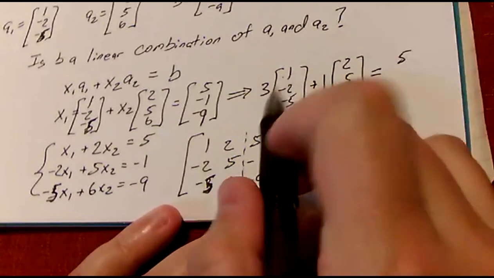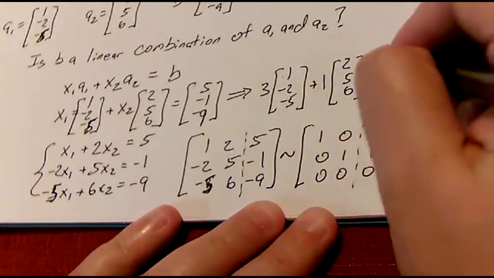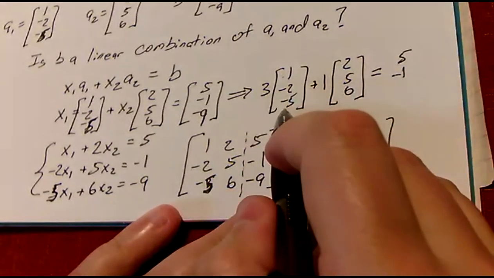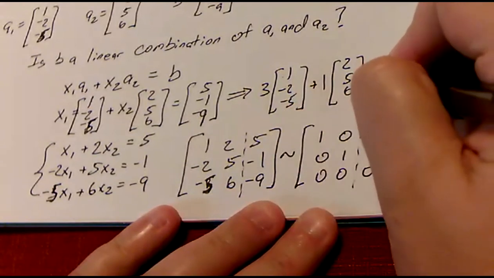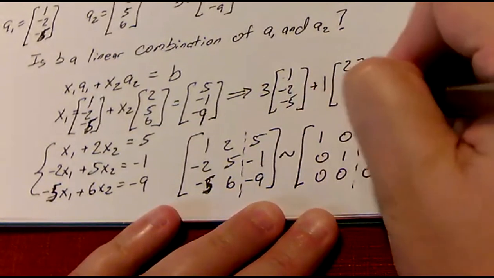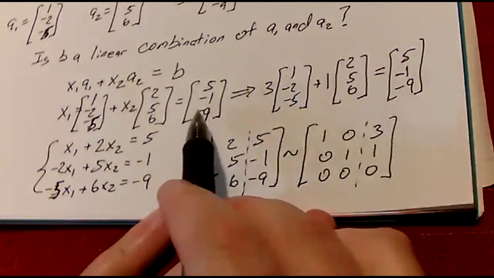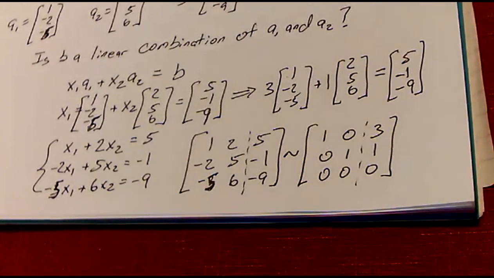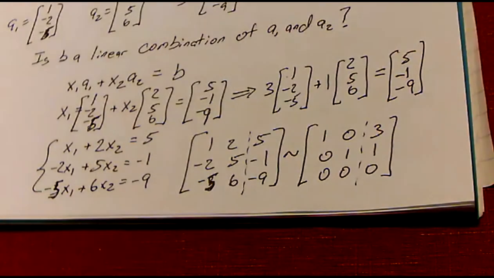That gets me 5. -6 plus 5 is a -1. And -15 plus 6 is a -9, which is exactly the vector I had over there. So is B a linear combination of A1 and A2? Yes, it is.